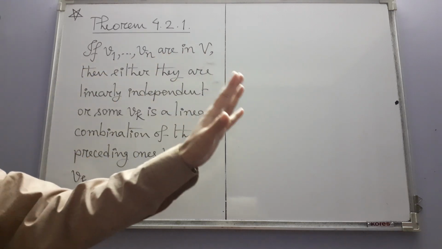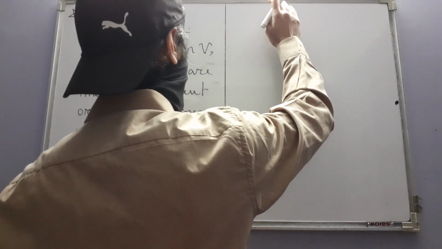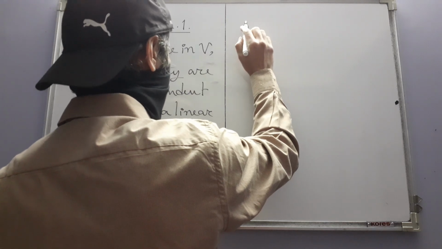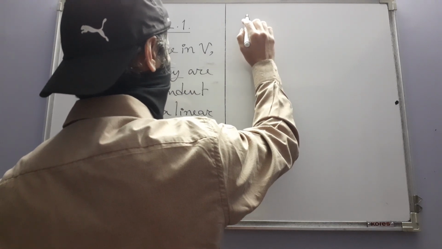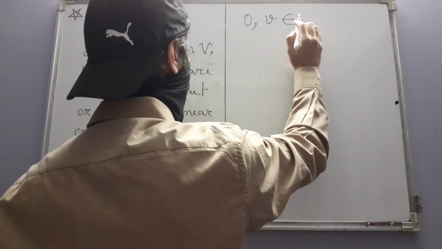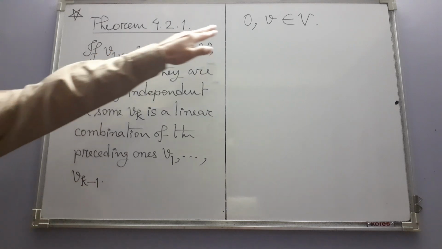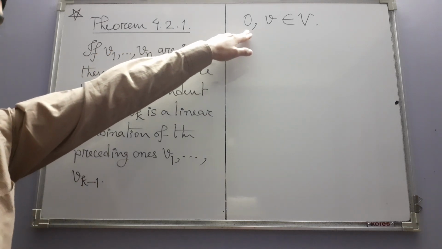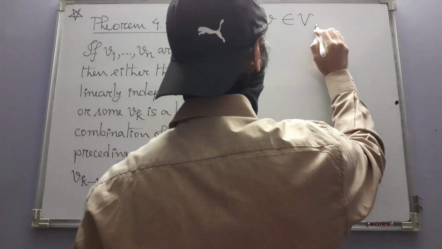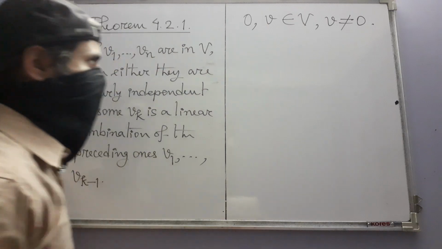These are just some finitely many vectors in V. So we have our V, but now let me take this. This is my V1. V1 is 0 and V2 is some v where v is not equal to 0.